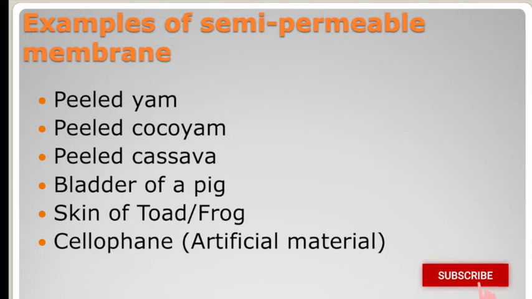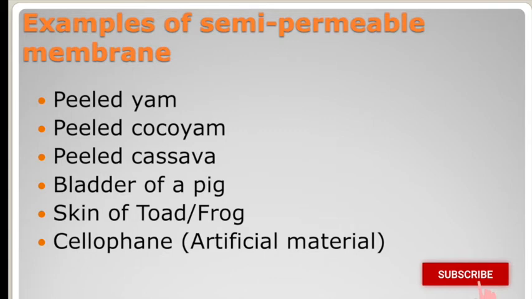In looking at examples of materials that can serve as a semi-permeable membrane, we are going to look at it from two perspectives: those that perform as living tissue, and those that are non-living tissue.